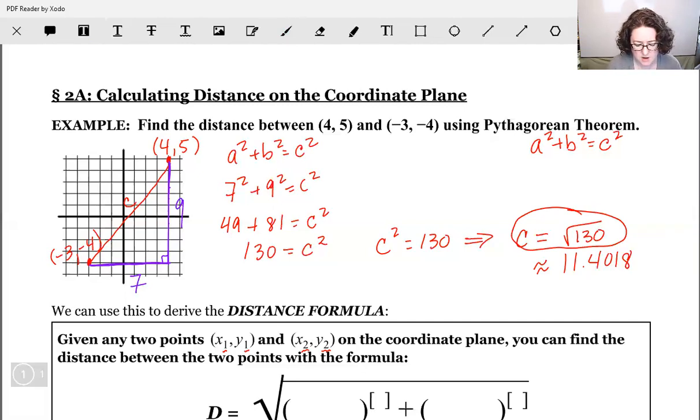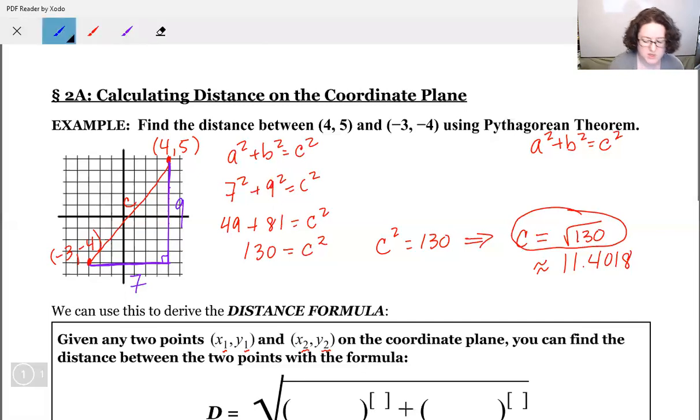So let's call my point 4, 5 x1, y1, and my second point -3, -4, let's call -3 x2 and -4 y2. Let's think about how we could have arrived at those values for the 7 and the 9.